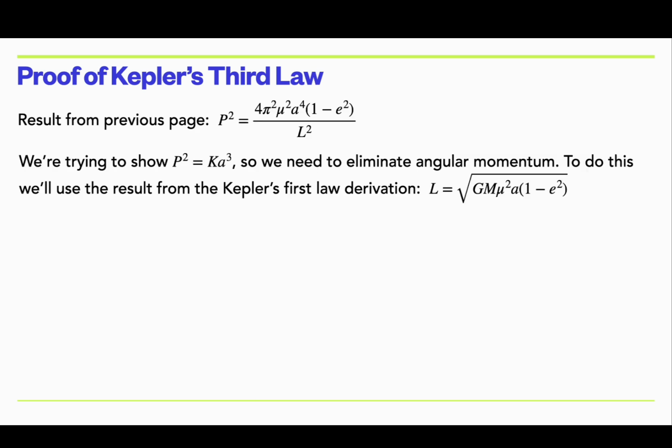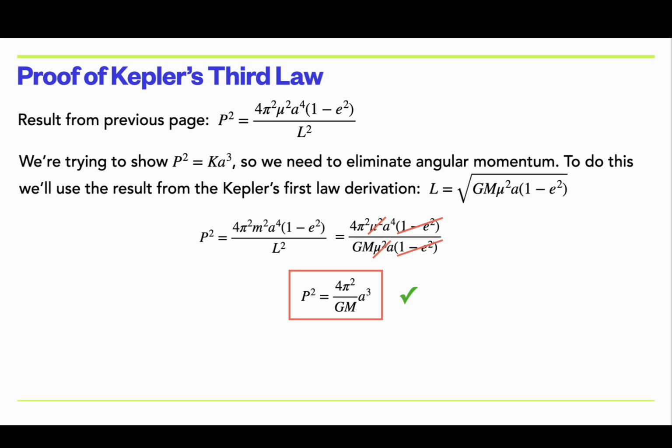And we can now plug in for the angular momentum. We know from two slides ago that this is the angular momentum. So we'll plug in for L squared. Taking this expression for the angular momentum, plugging in for L squared, some stuff cancels, some more stuff cancels, and we get the result that we were looking for: the period squared is equal to 4 pi squared over G times the total mass of the system times the semi-major axis cubed.